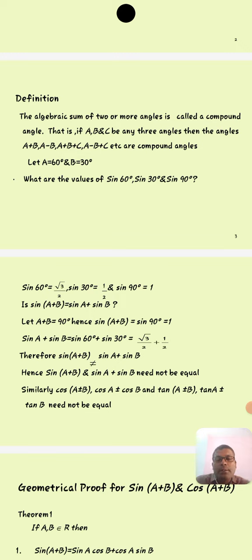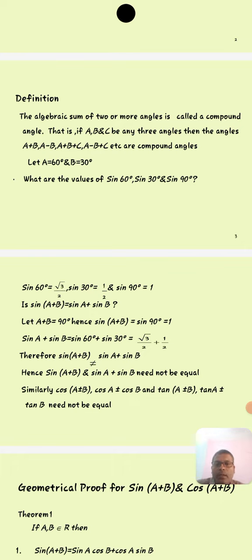You observe in the 10th class level, one table is there. The values of cos 0, cos 30, cos 45, cos 60, cos 90, and the same for tan, cot, secant, cosecant. These are the 6 trigonometric functions, and we know these values at the 10th class level.